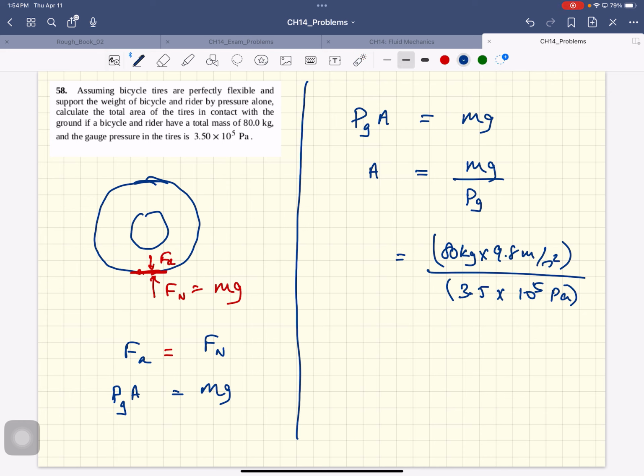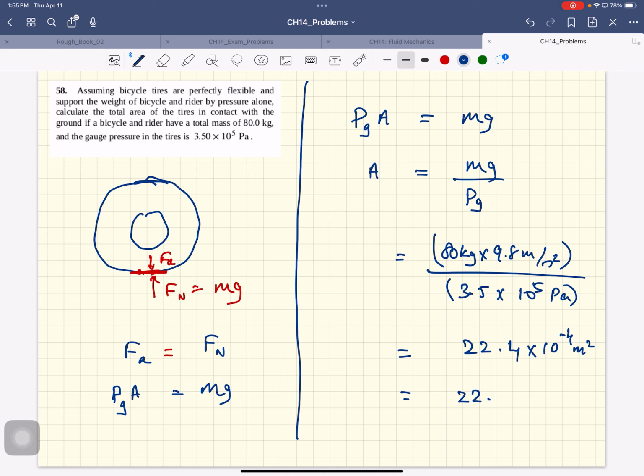So this area is, we'll say, 10 to the minus 4 meters squared into, and the reason I wrote that is centimeters squared.